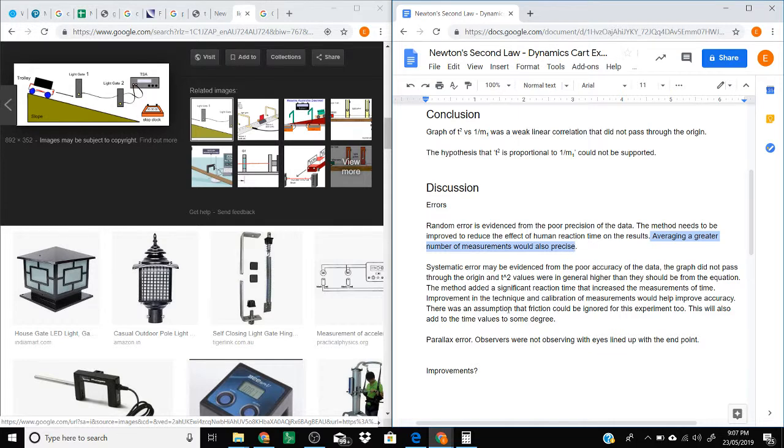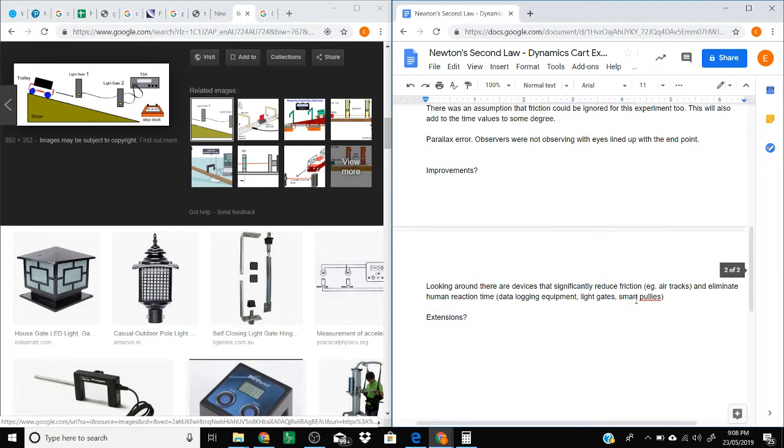In terms of reducing systematic error, calibrate your measurement devices. That's like resetting your weight scale back to 0, making sure your ruler starts from 0, things of that nature.